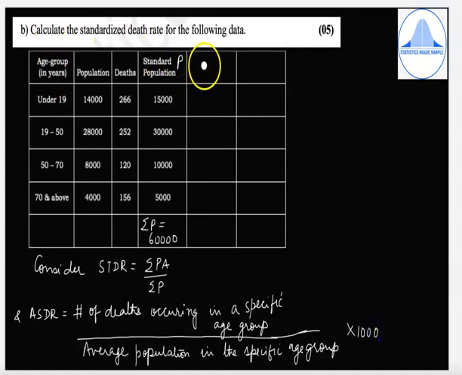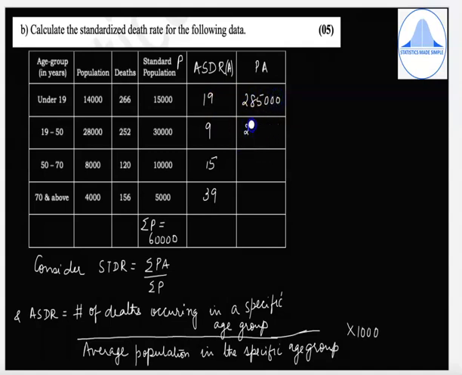So now in the table, form the next column as ASDR. So it is 266 divided by 14,000 into 1000. We'll get 19. Similarly, 9, 15 and 35. So ASDR is nothing but your A. Next column, find out PA. That is 15,000 into 19, which is 2,85,000.